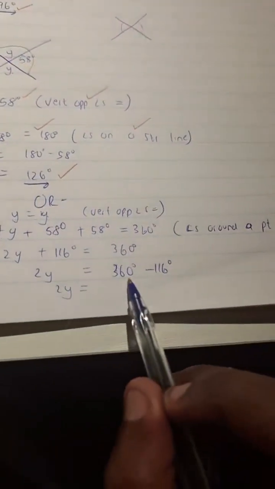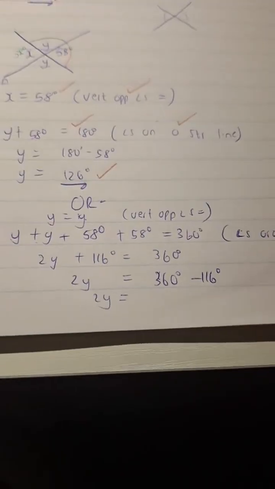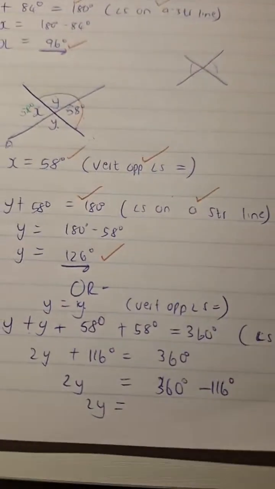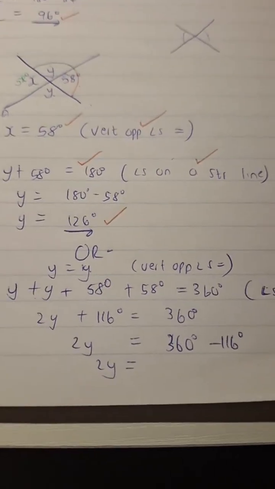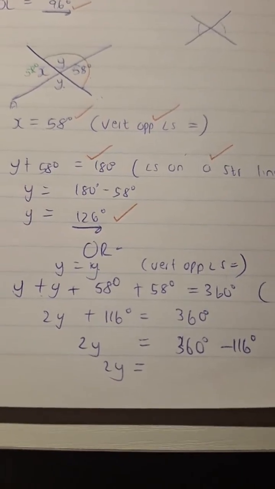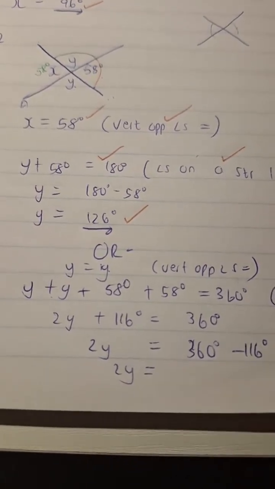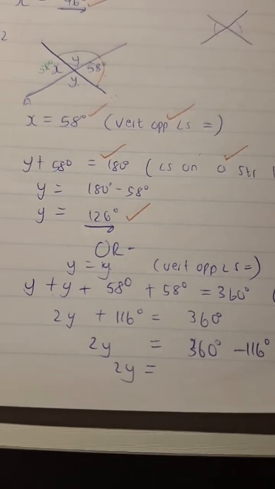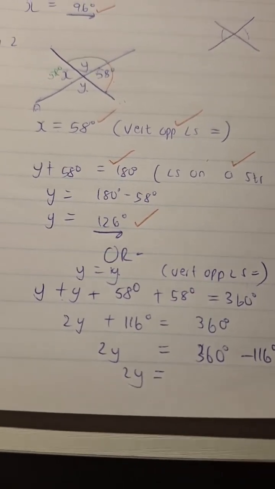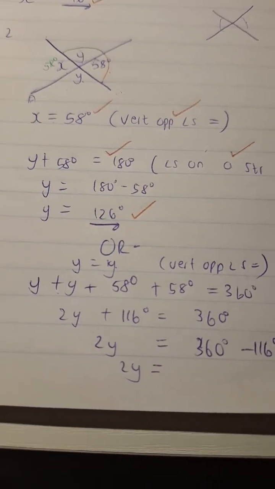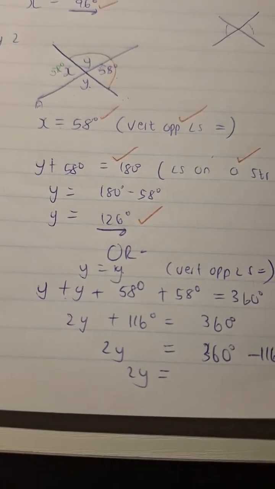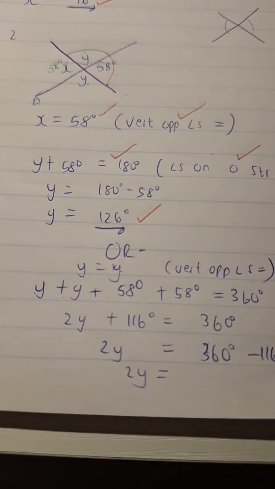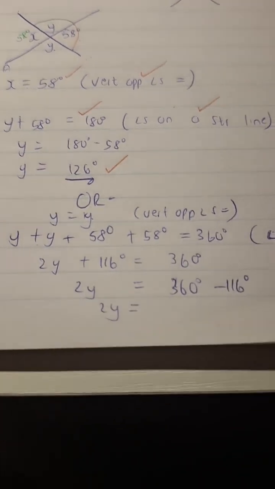Then we would solve 360 minus 116. That gives us a nice answer of what? Isn't that 240? What is it?